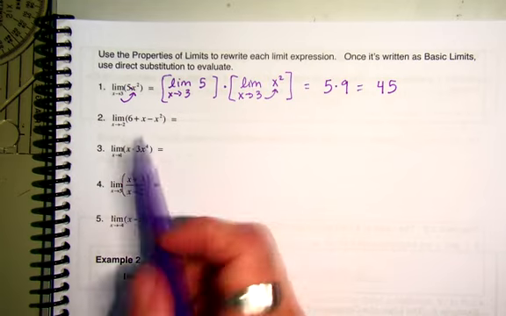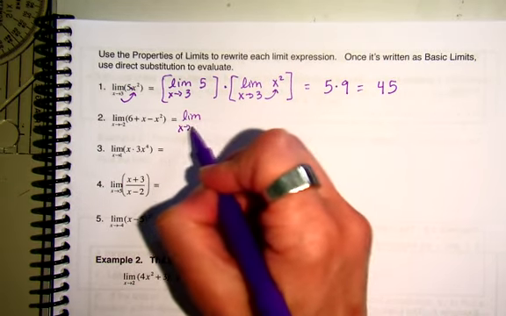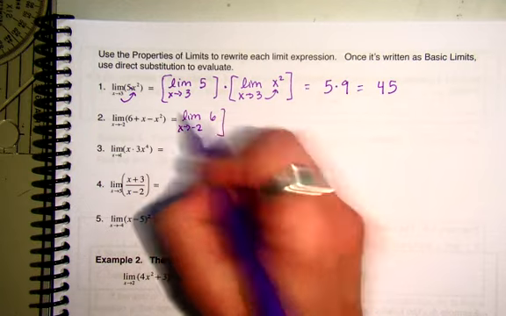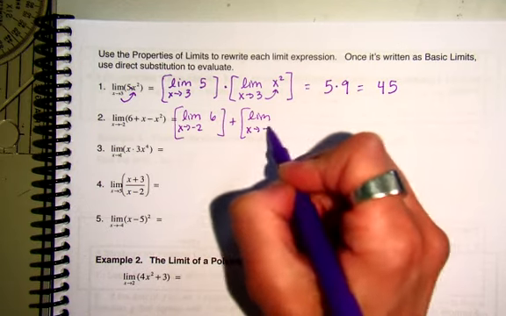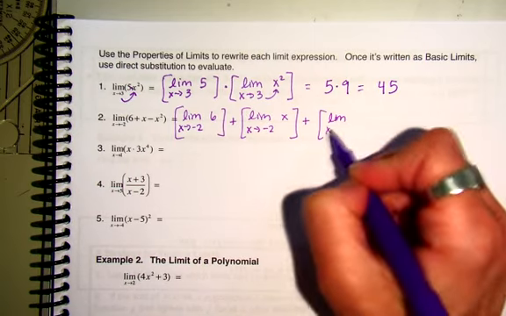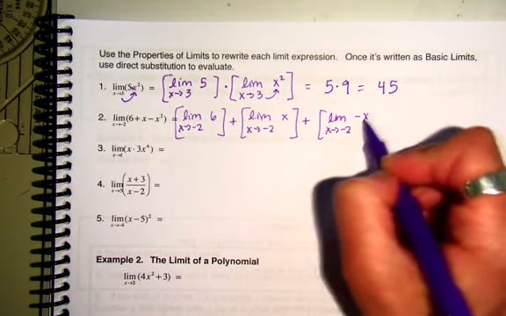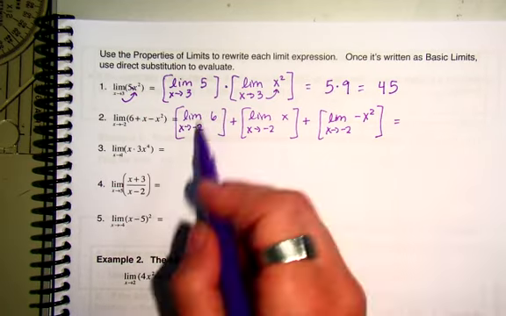Same idea here. You can split this up into the limit as x approaches -2 of 6 plus the limit as x approaches -2 of x plus the limit as x approaches -2 of -x squared. All right? And then you can just plug those all in. The first one is 6.